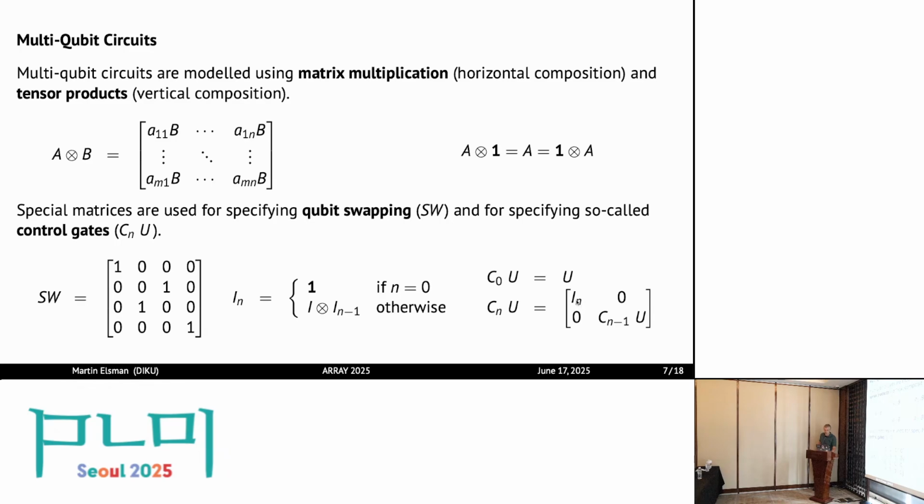That is basically defined as the identity on half of the unitary matrix, and then the unitary at the inner one, also using this block notation here. So this is pretty much all. This is how it would look if you look it up in a textbook on quantum computing.